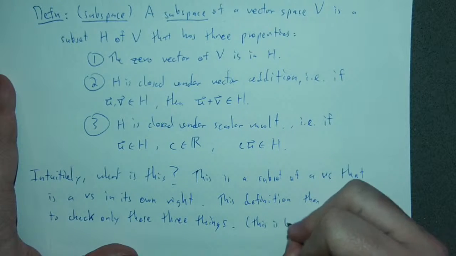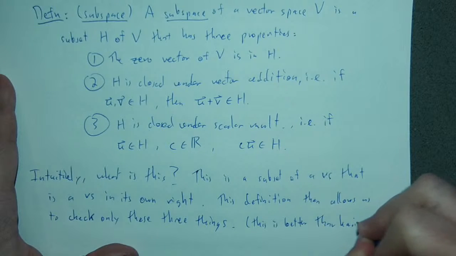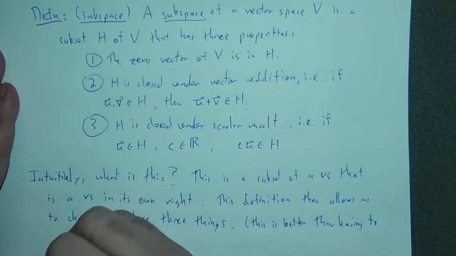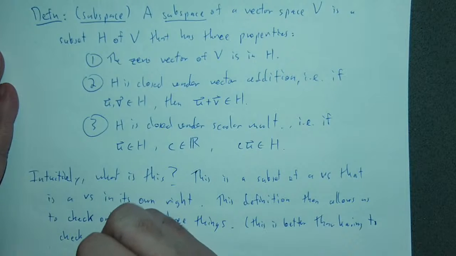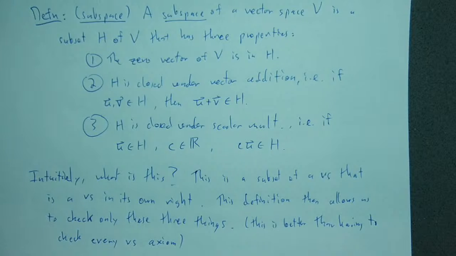This is better than having to check every vector space axiom. In fact, this is saying that if it's a subset of a vector space, a thing we already know is a vector space, we can basically use the fact that it's sitting inside a vector space to take care of having to check a lot of those vector space axioms.